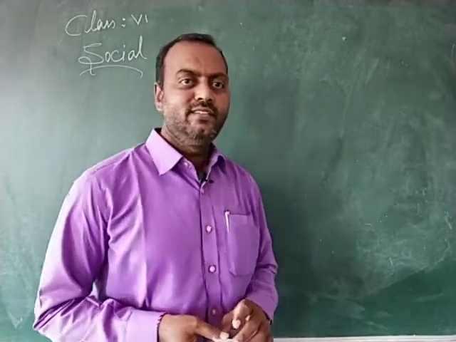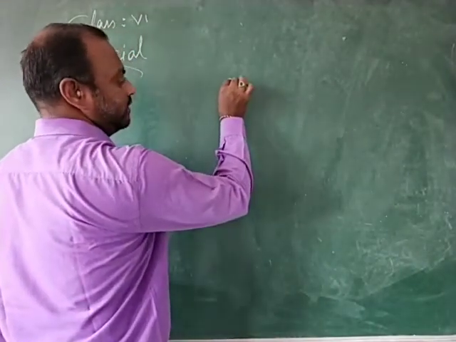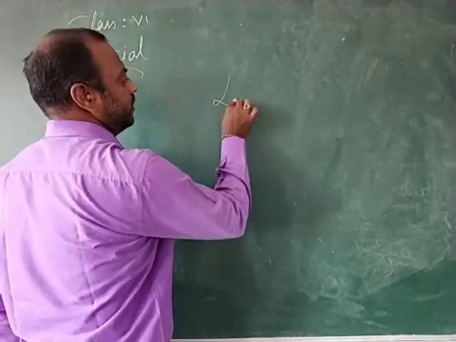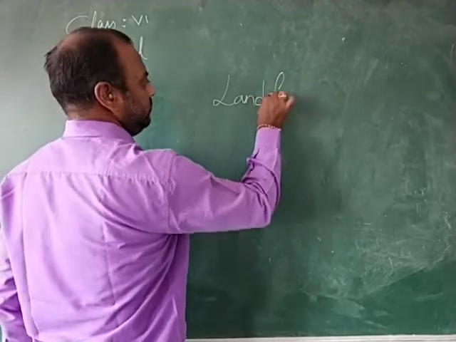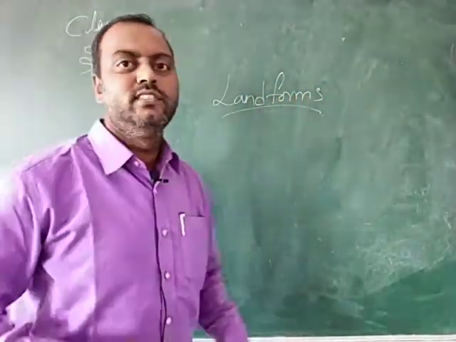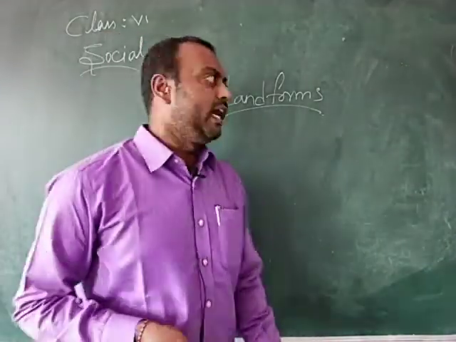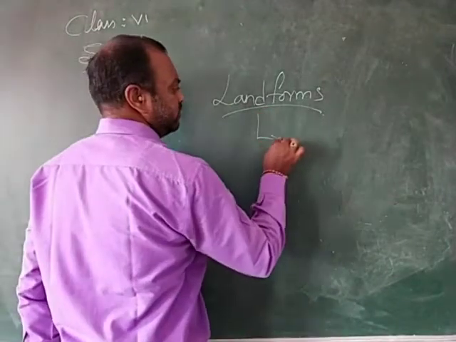So in today's class, we shall learn about the third lesson, third unit, part A, landforms. The different forms of the land we shall discuss in today's class. There are three main kinds of landforms. One is mountains.